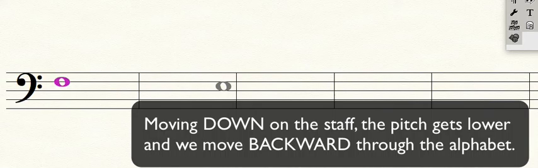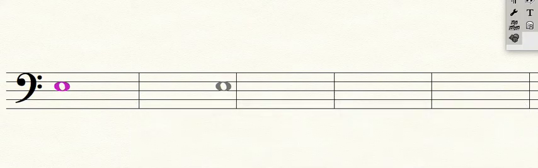Starting back at F, the fourth line, if I move down, it's going to get lower in pitch. And we'll go backward through the alphabet. So if this is F, the space just below is the letter that comes before F in the alphabet. That's an E. Then D, C, B, A, G, and then the space below the staff is another F. If I were to keep going, I have to add ledger lines to keep going.